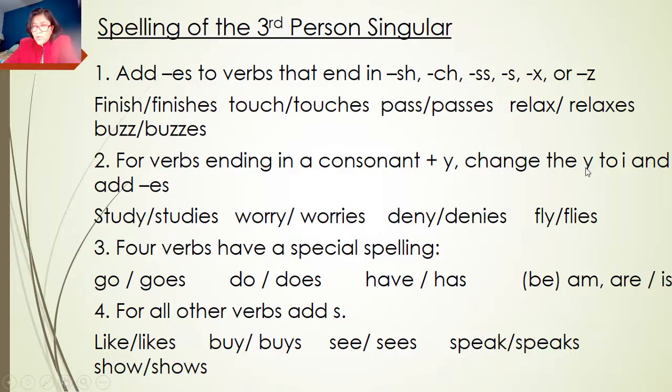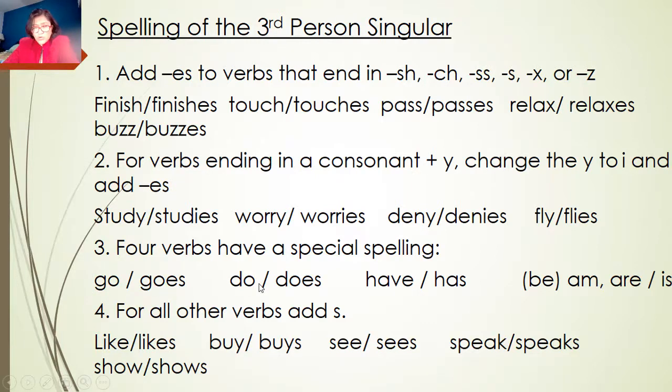So change the Y to an I only if there's a consonant before it. Study, there's a consonant here. This is actually being used as a vowel sound, so we can change it to a vowel. Studies, worries, denies, and flies. Okay. And then we have, for verbs that have a special spelling, these are go, do, have, and the verb to be.